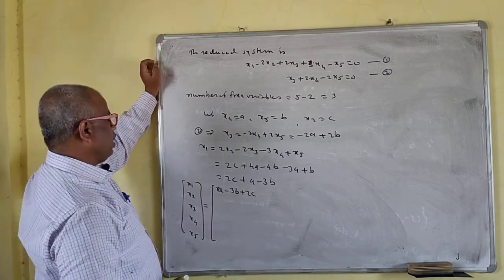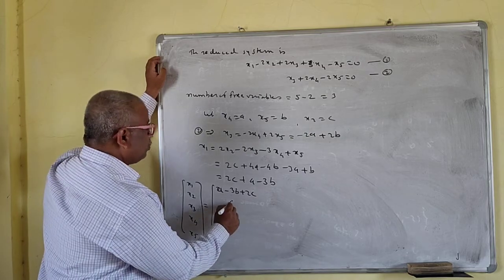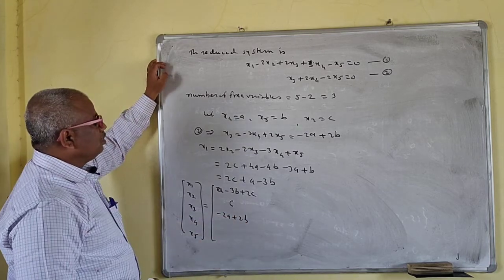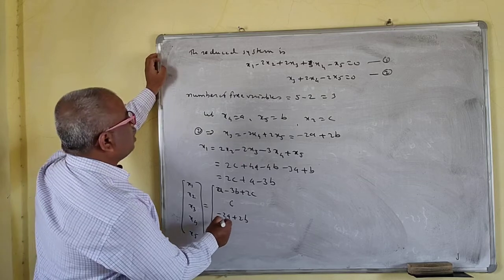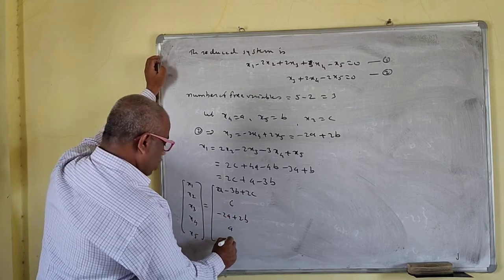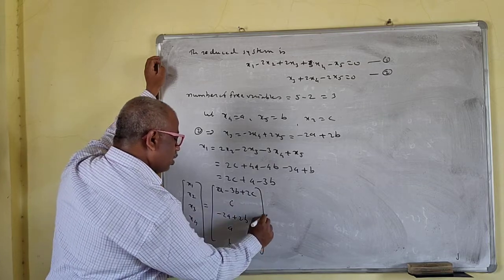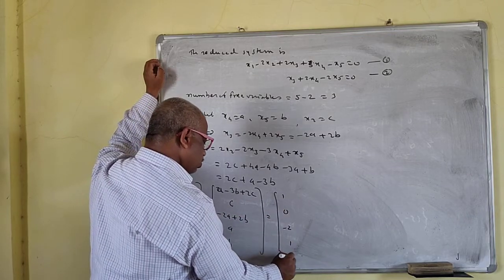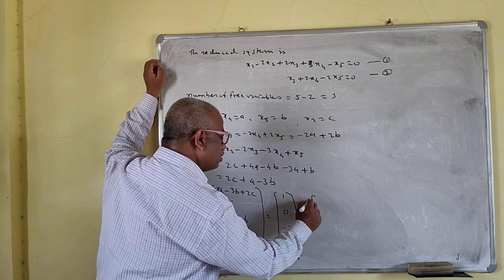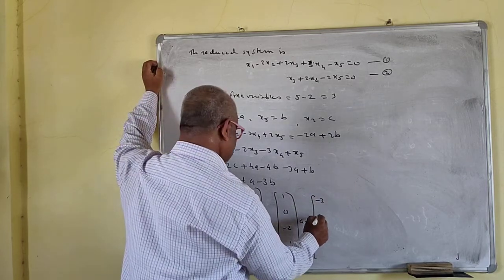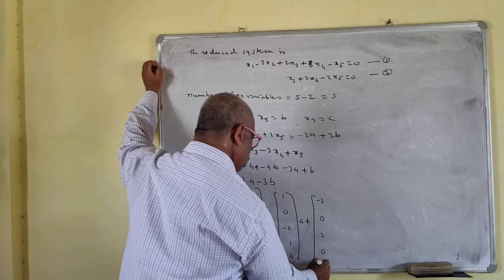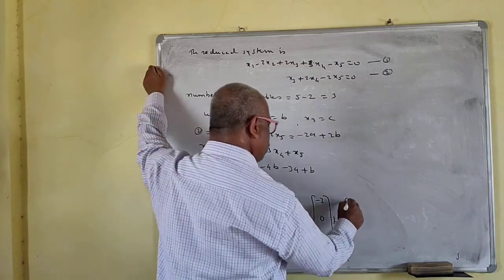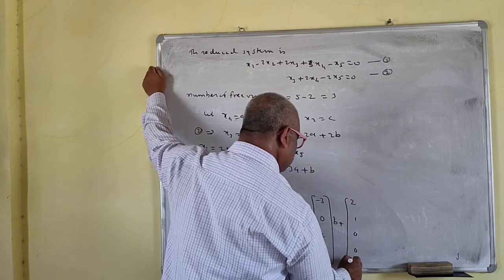Now your x2 is what? x2 is C. x3 we have calculated: minus twice A plus twice B. x4 is A and x5 is B. So this is A times (1, 0, minus 2, 1, 0) plus B times (minus 3, 0, 2, 0, 1) plus C times (2, 1, 0, 0, 0).